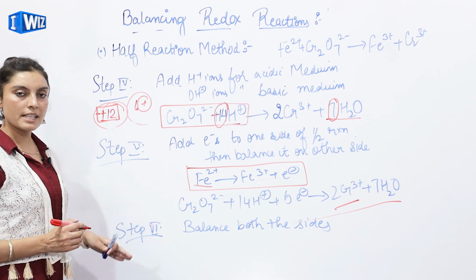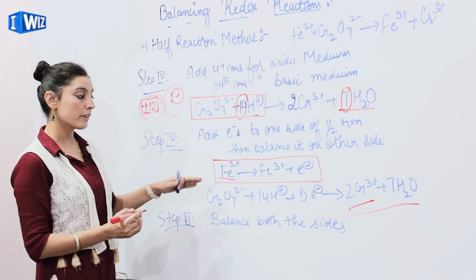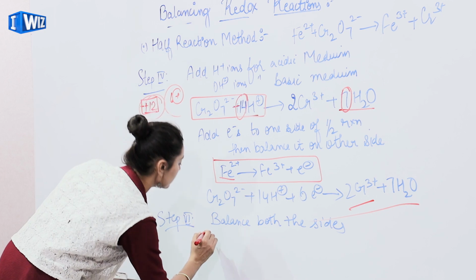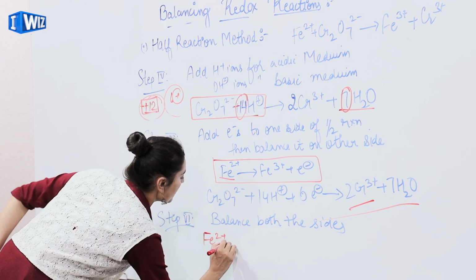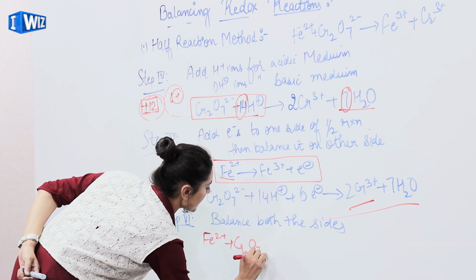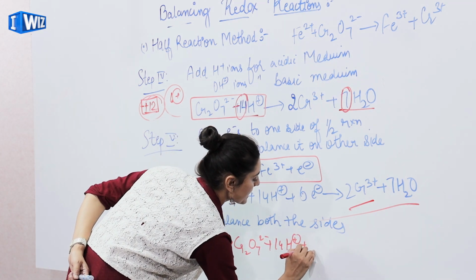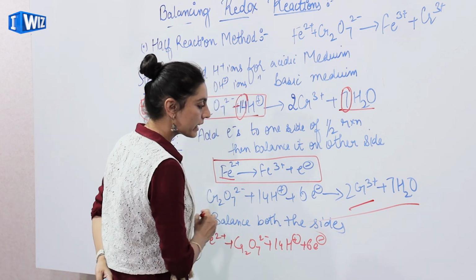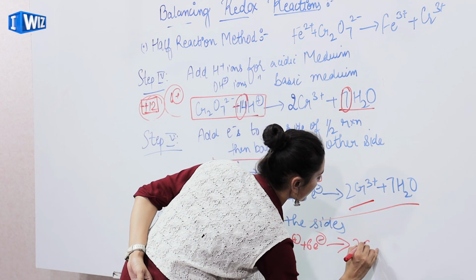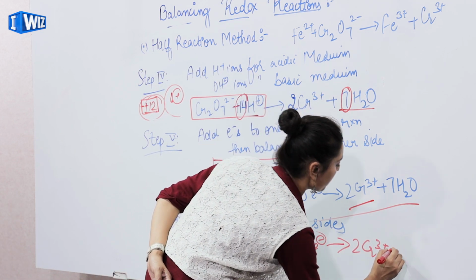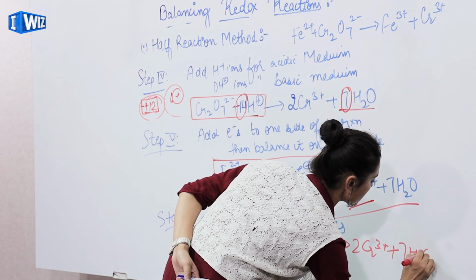The last step says that balance both the sides. When we have balanced both the sides, we will have Fe2 positive plus dichromate ions plus 14H positive and 6 electrons. Moving ahead, we have 2 chromium ions plus 7 water molecules.